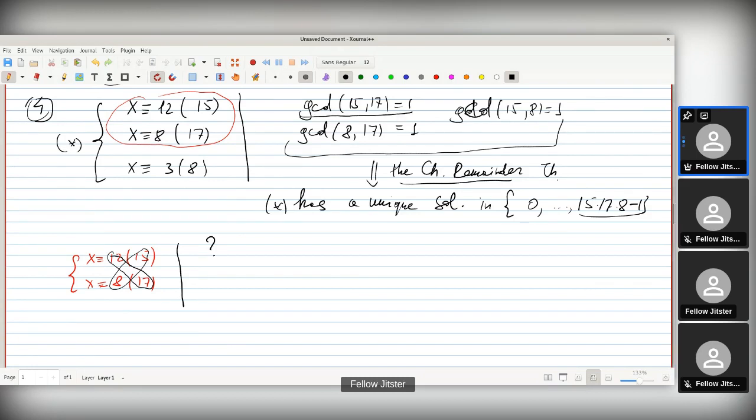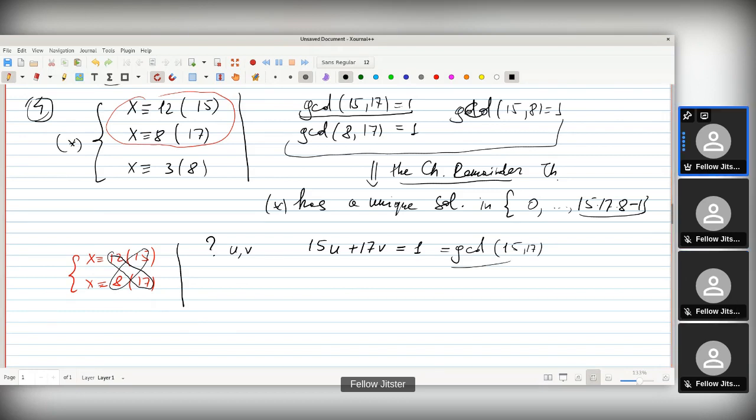As 15 and 17 are coprime, which coefficients may we obtain? Such u and v that 15 multiplied by u plus 17 multiplied by v is equal to 1, yes, the greatest common divisor.